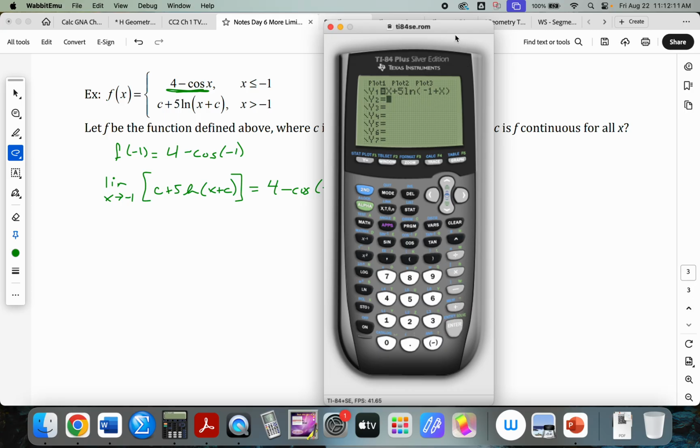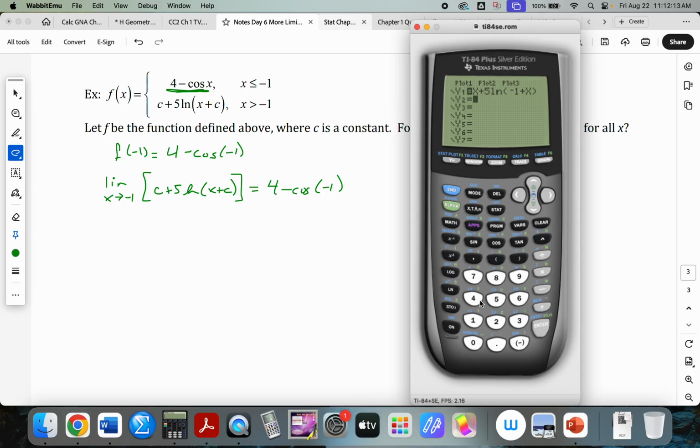And I want that to be equal to 4 minus cosine of -1. So I've got these two functions, and I just want to see where they intersect. What value of x makes both of those equal?